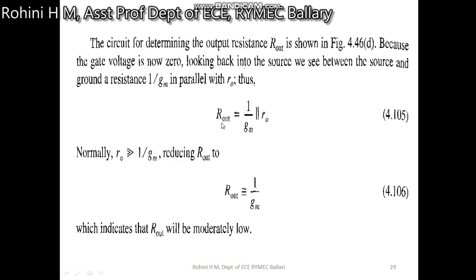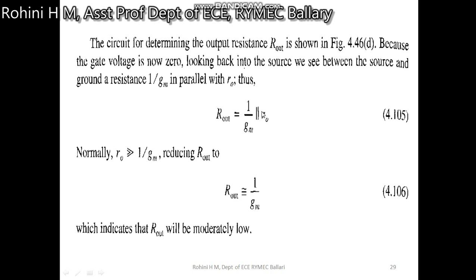Next, the circuit for determining R out is shown in the diagram. Therefore R out is equal to 1 over Gm. Again, Ro is chosen very much greater than 1 over Gm. This is a parallel combination: Ro into 1 over Gm divided by Ro plus 1 over Gm.